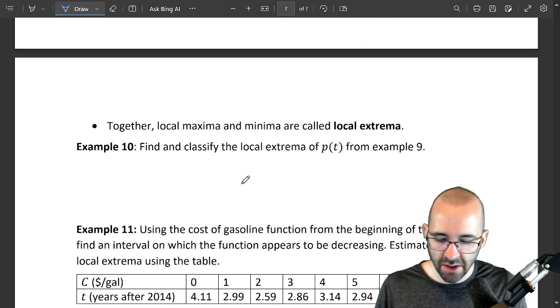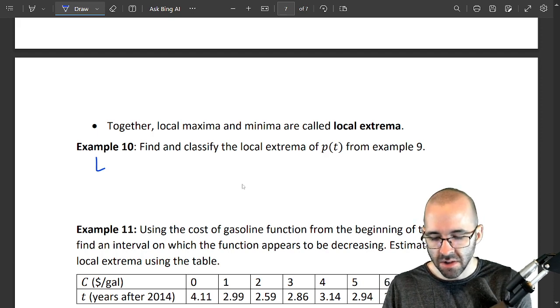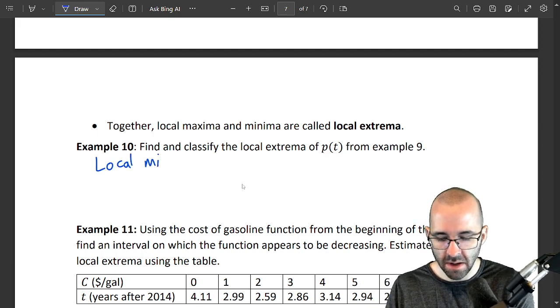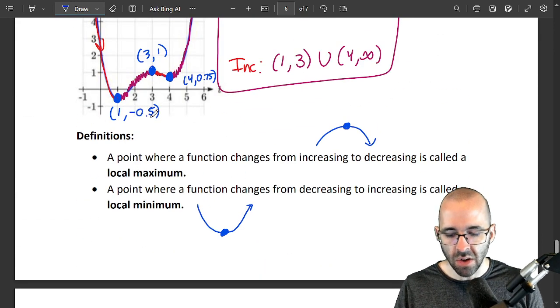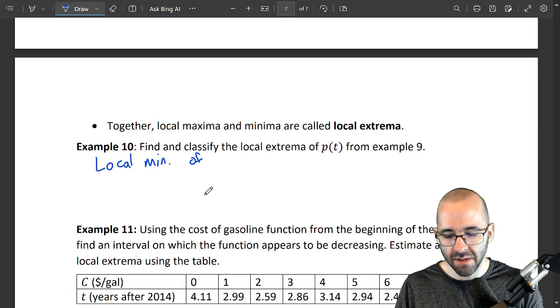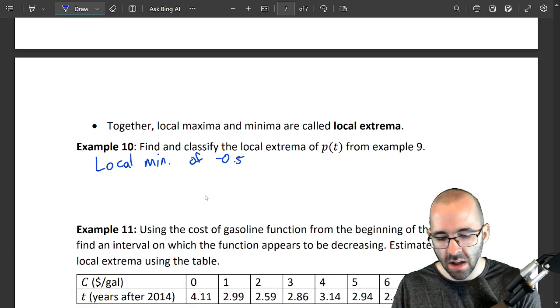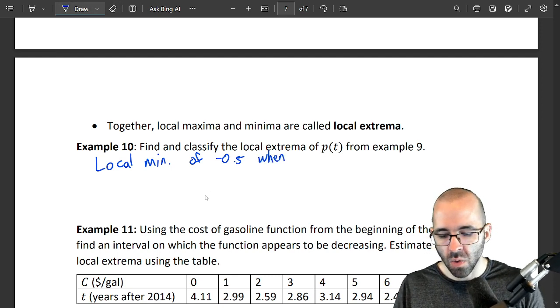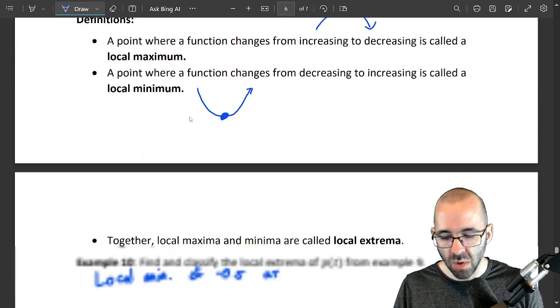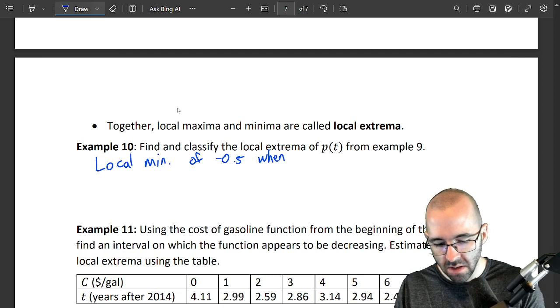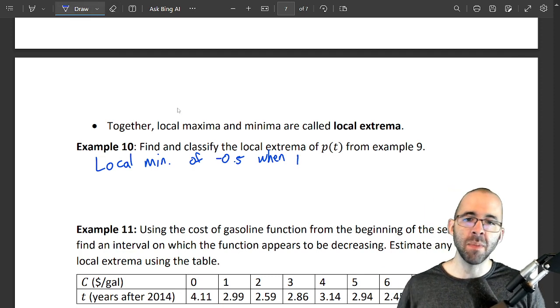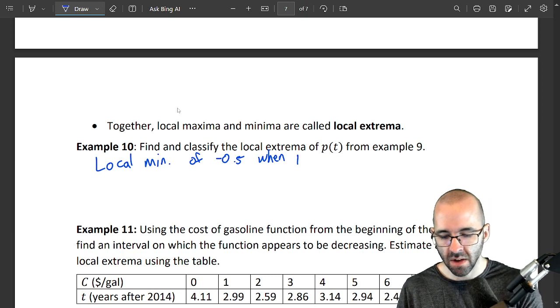Now the wording of this is a little precise. There's going to be a local minimum. The minimum is the y coordinate. The local minimum is -0.5. And it occurs, let's say when our input is 1. Our input's t, actually. We're talking about the minimum value of the function, right?